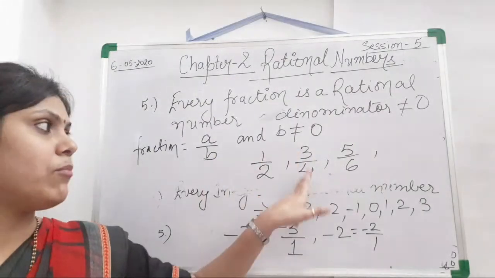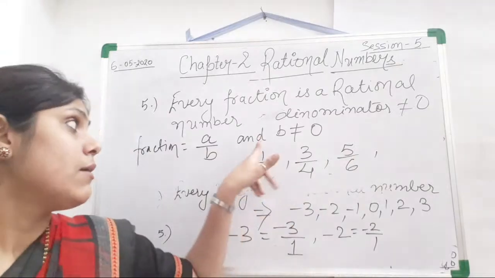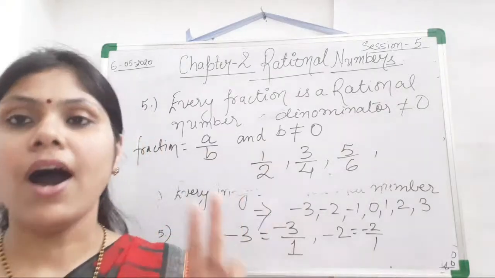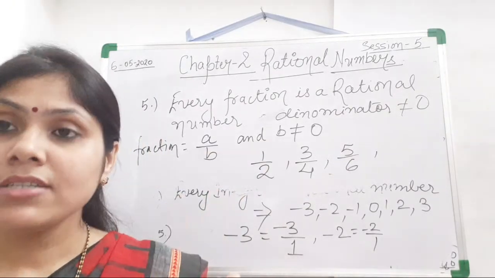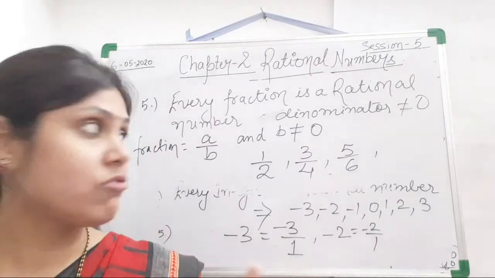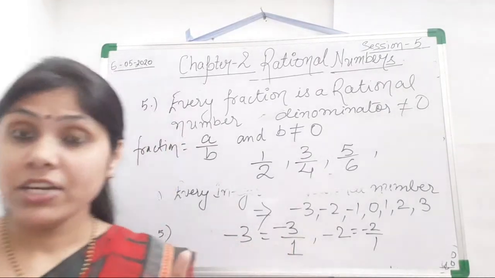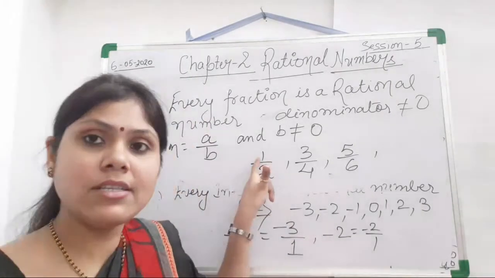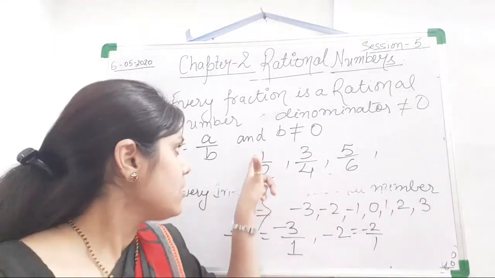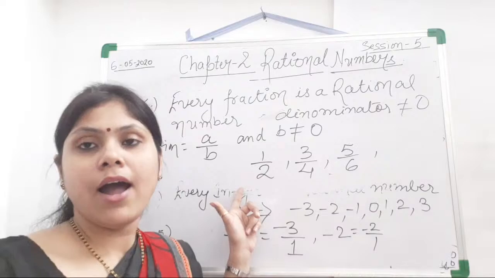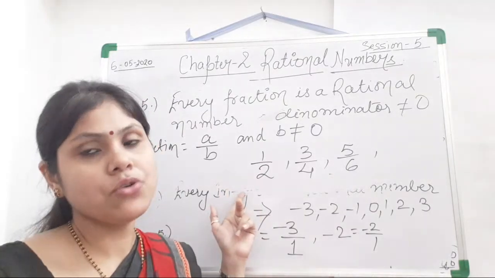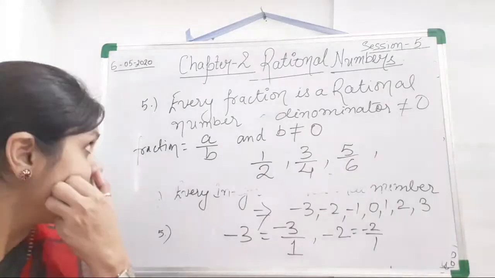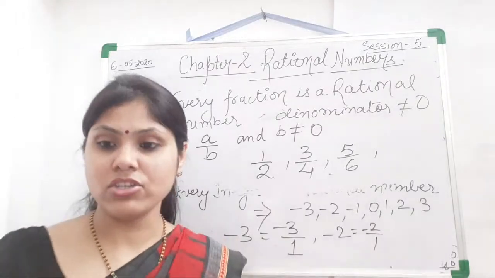In 1 upon 2, 3 upon 4, 5 upon 6, numerator and denominator are both positive, but they satisfy our definition, a number in the form of P upon Q. P is 1, Q is 2 and Q is not equal to 0, so the definition is satisfied. That means this is a rational number, which means every fraction is also a rational number.